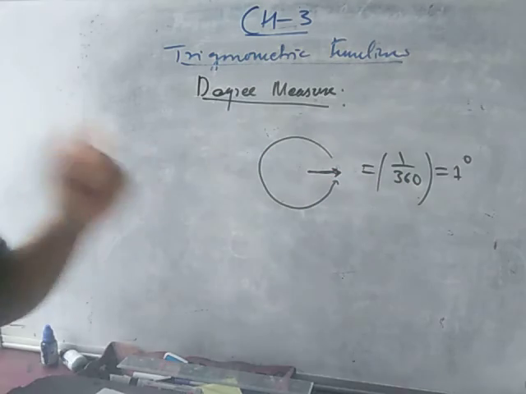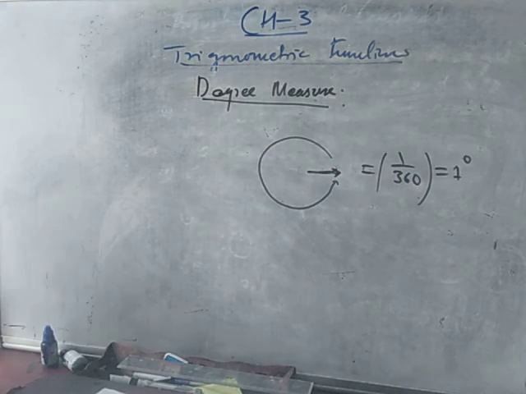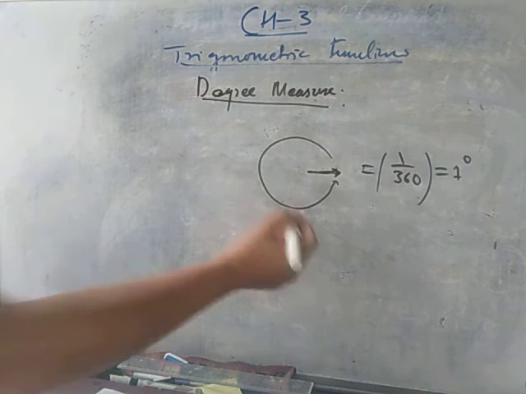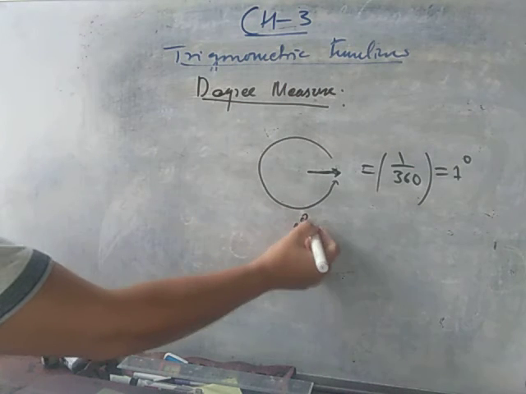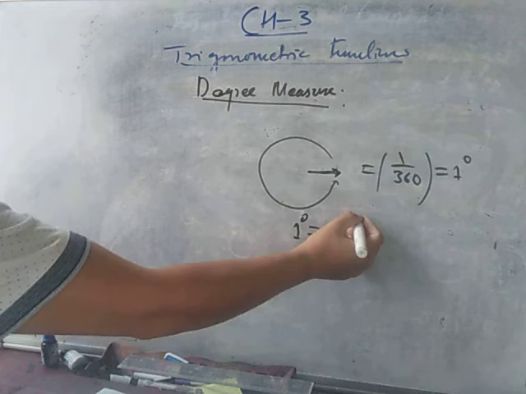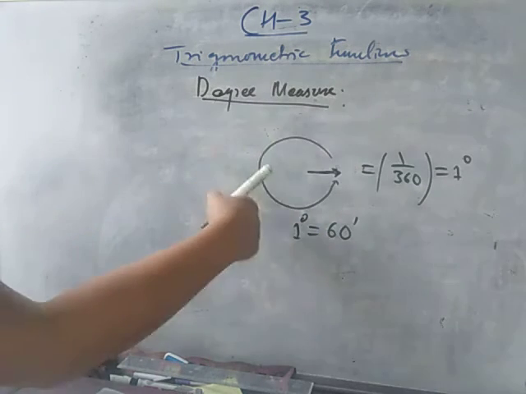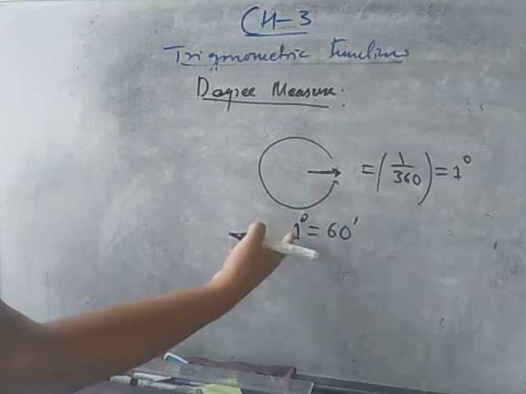Clear? So next write down, this degree measure is also written as 1 degree is always equal to 60 minutes. This dash means minute, okay? So कति मिनट हुन्छ एक राउन्ड घुम्दाखेरि 60 मिनट हुन्छ, that is your 1 degree.